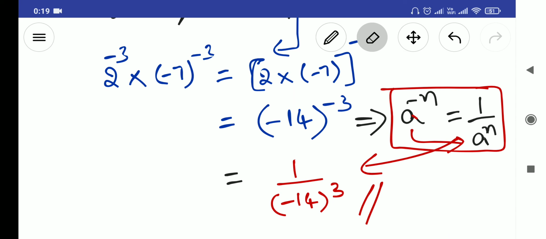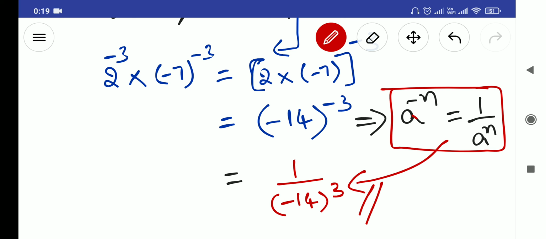We should not disturb the base. That is the reason why here the base is minus 14 only, and power minus 3 becomes plus 3. So finally, this is the positive power for the result. This is the final step.